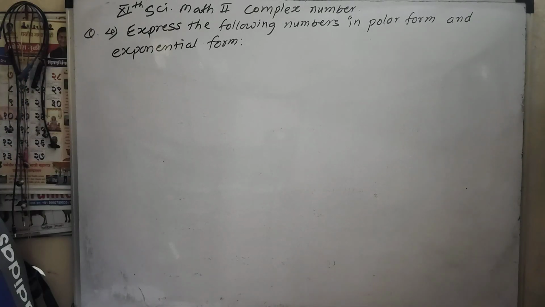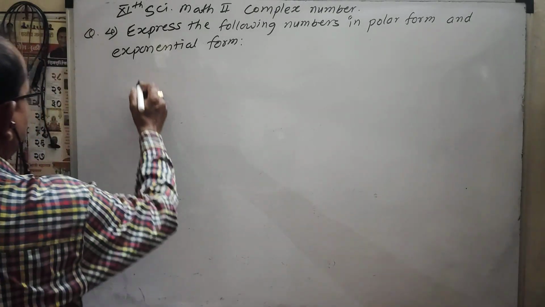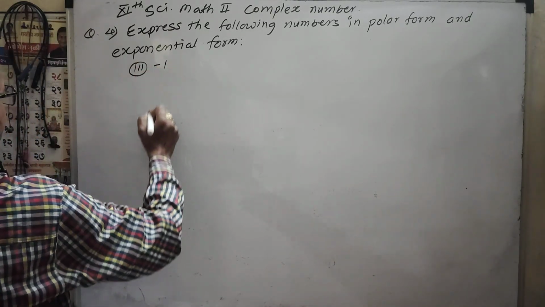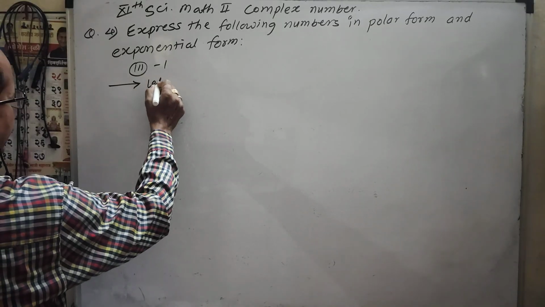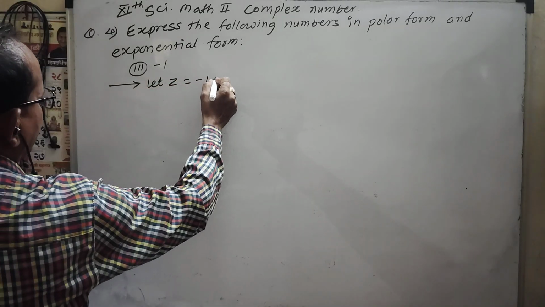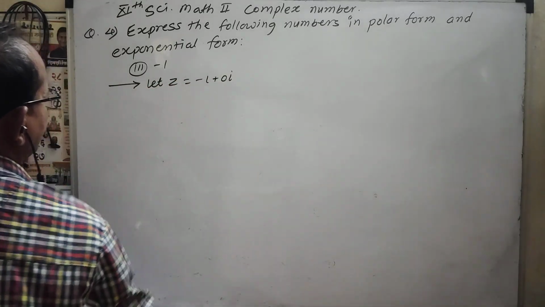Third question is minus 1. Let z is equal to minus 1 plus 0i.